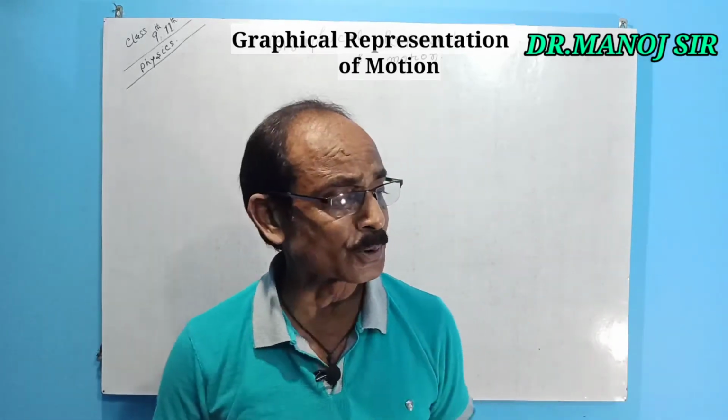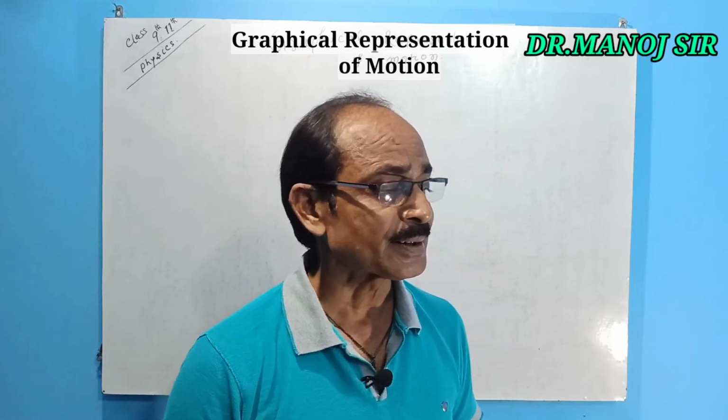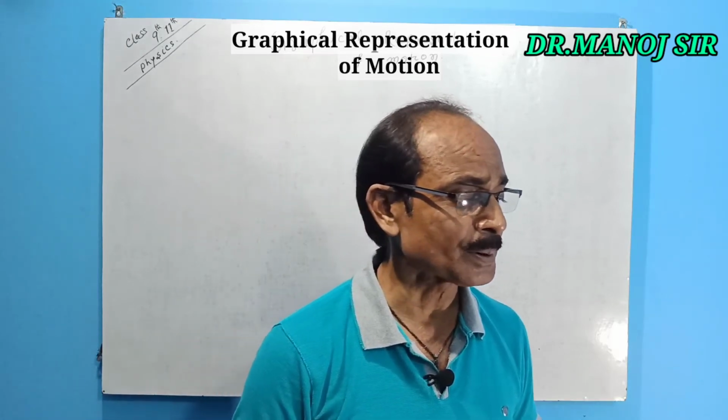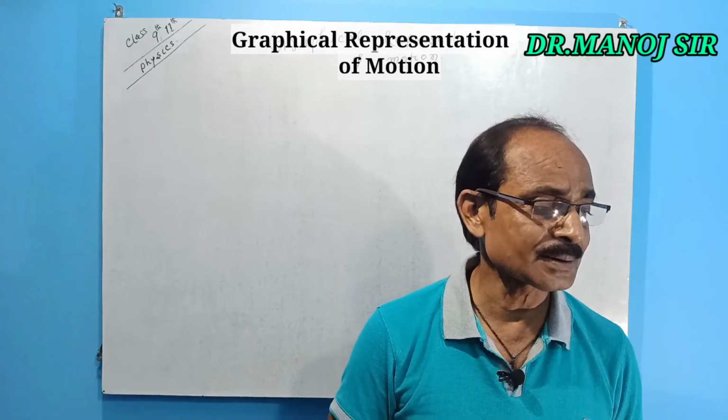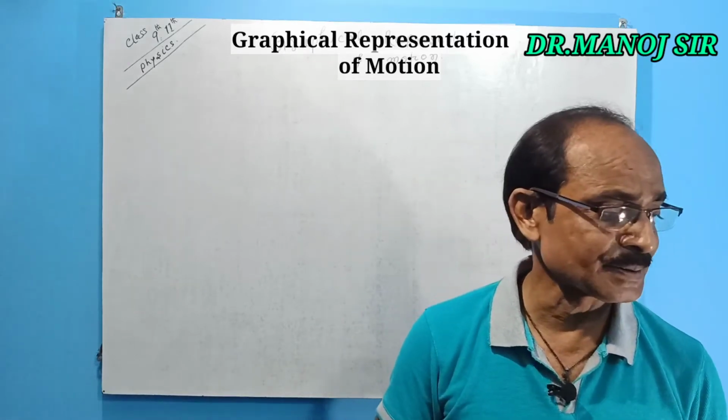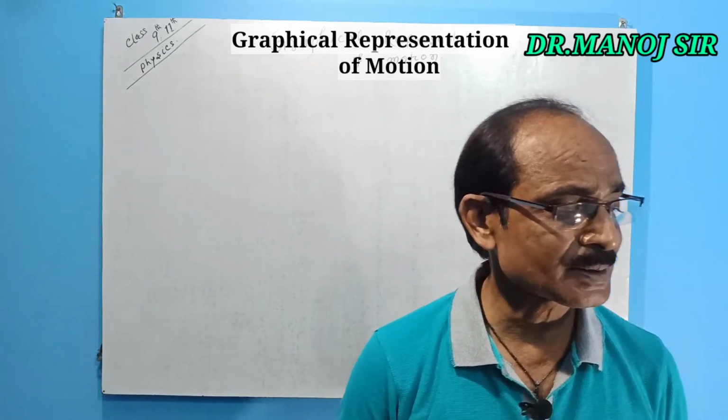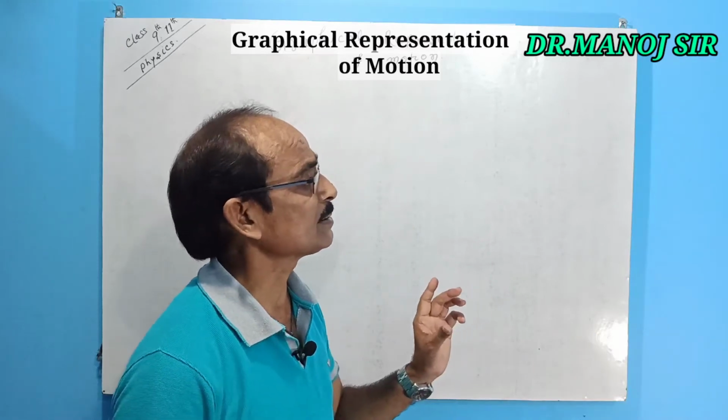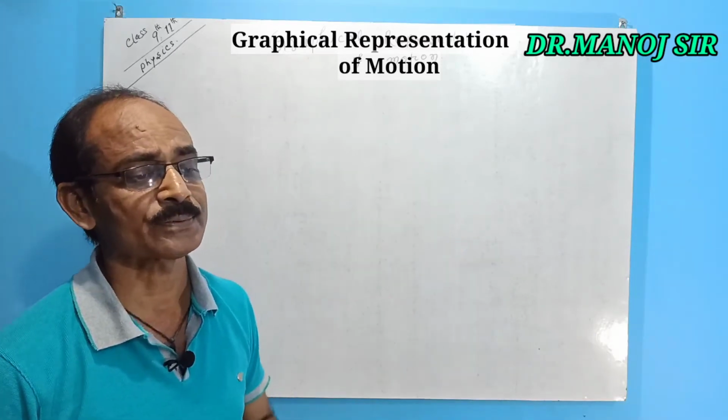As we know, the distance-time graph of a body moving at uniform speed always represents a straight line graph.